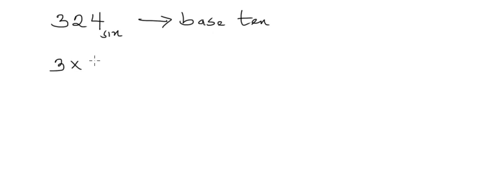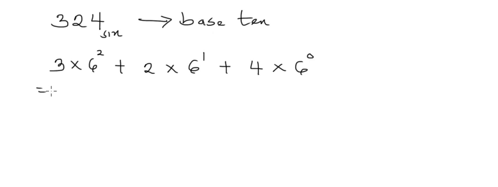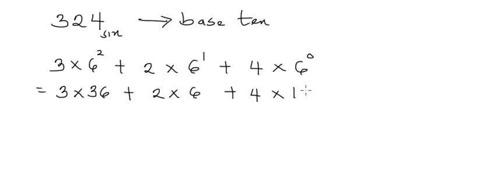So 3 times 6, plus 2 times 6, plus 4 times 6, with powers 2, 1, and 0. So 3 times 6 squared is 36, plus 2 times 6 raised to the power 1, that is 6, plus 4 times 6 raised to the power 0 is 1.